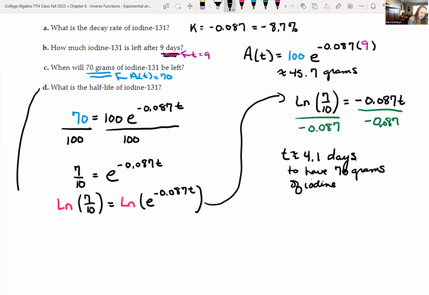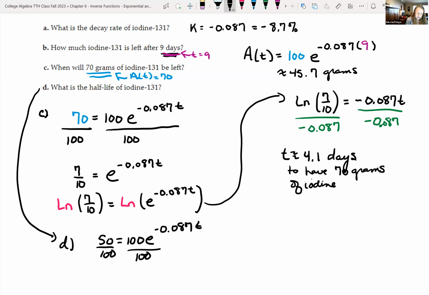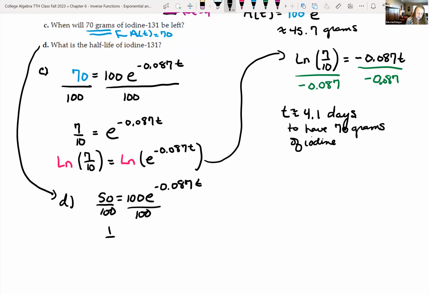So part D, we're going to have 50 is equal to 100 e to the negative 0.087 times t. If we divide both sides by 100, we get 1/2 is equal to e to the negative 0.087t. Again, we're trying to solve for t.